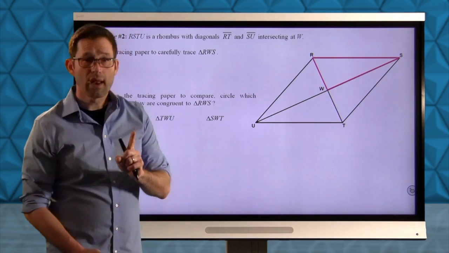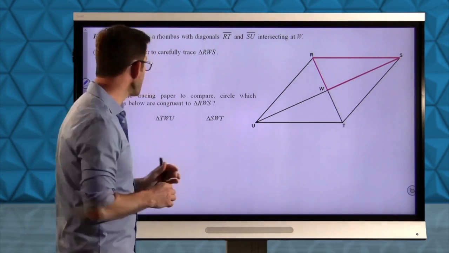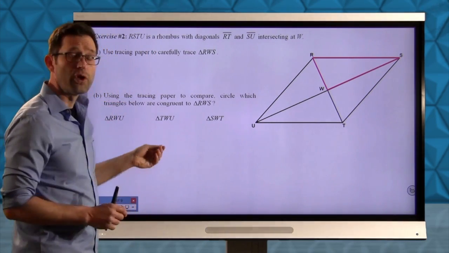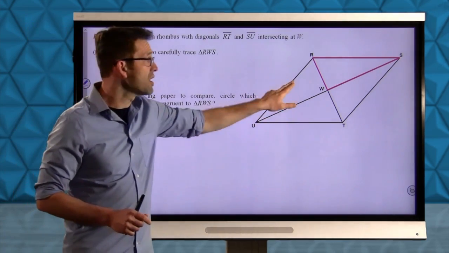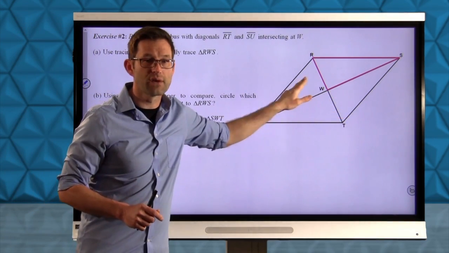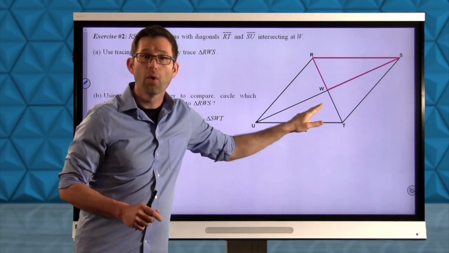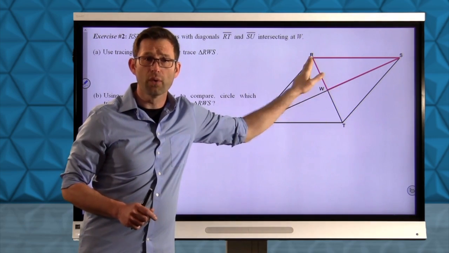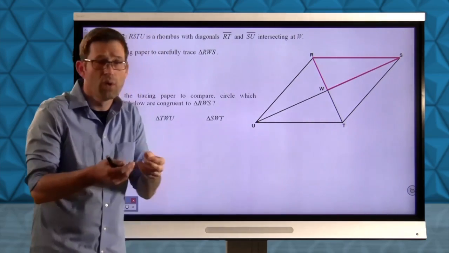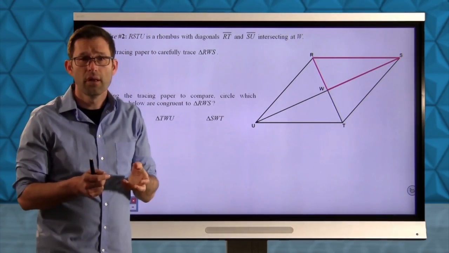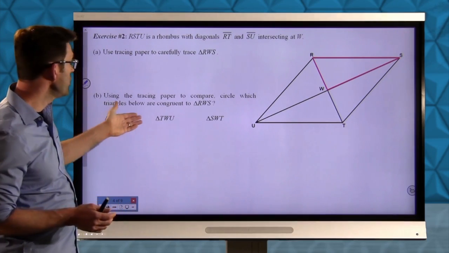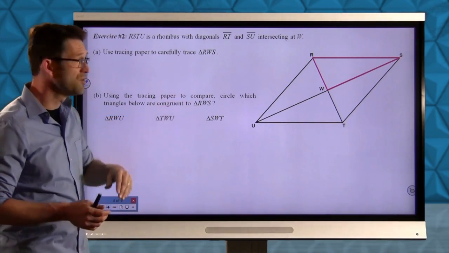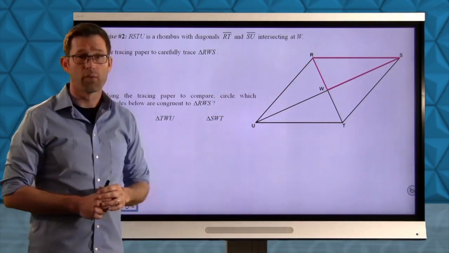All right, so now in letter B, I'd like you to use that traced picture to see which of these other 3 triangles are congruent to the one that you just traced out. Take that traced out triangle and circle which of those 3 triangles, RWU, TWU, SWT, are congruent to the one in red. Take a moment.